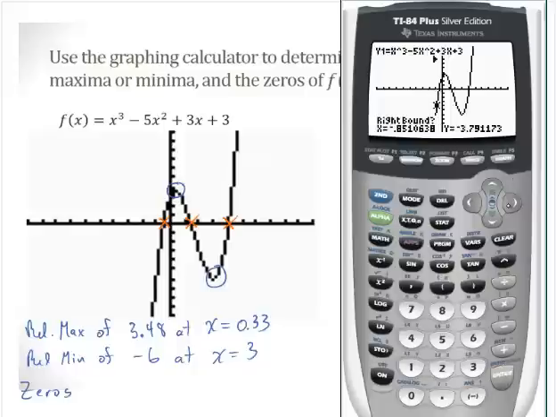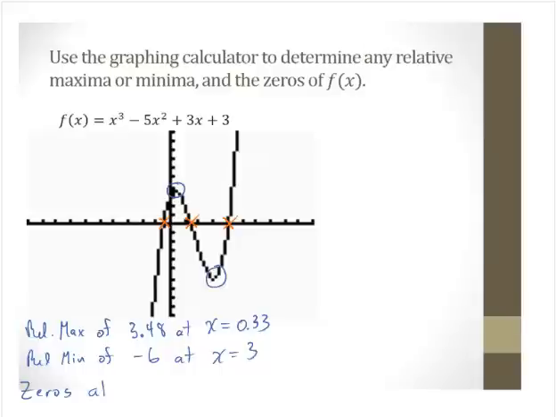Move to the right, and make sure you go past it. Make sure the sign on the y value changes. Hit enter a second time. Go back closer to where you think it is and hit enter a third time. And so I have a 0 at approximately negative 0.51. So zeros at x is approximately equal to negative 0.51.